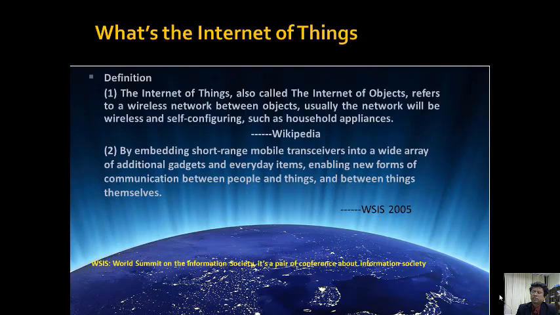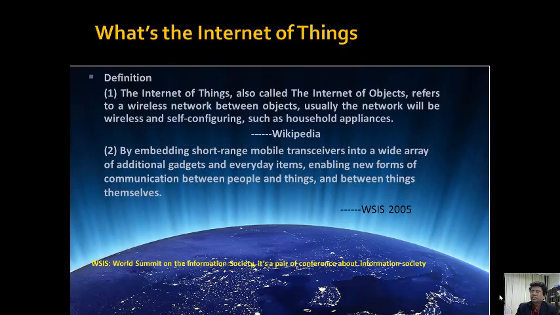If you look at the basic Wikipedia, then you'll see Internet of Things, also called Internet of Objects, refers to a wireless network between objects. Usually the network will be wireless, self-configuring, such as household appliances.